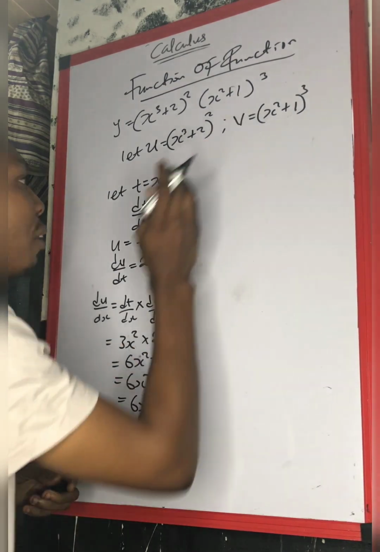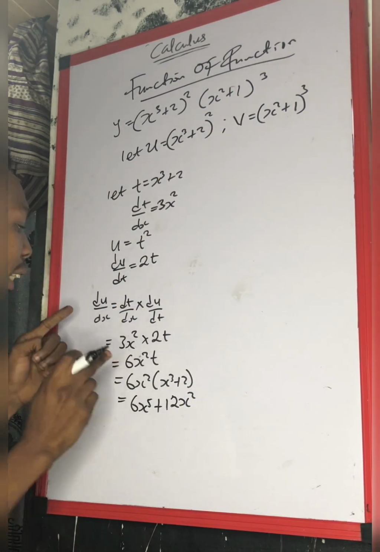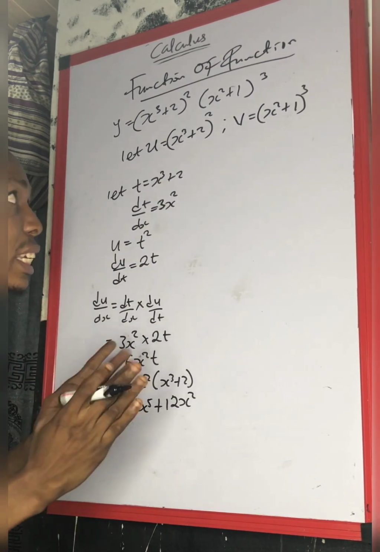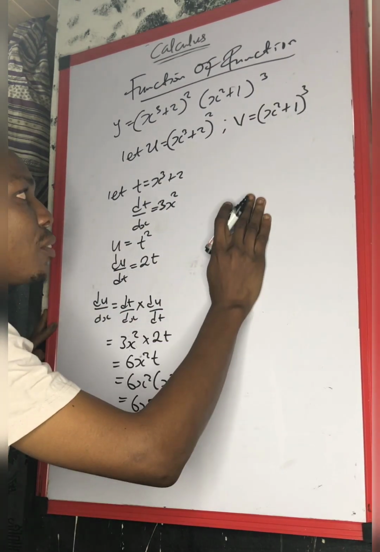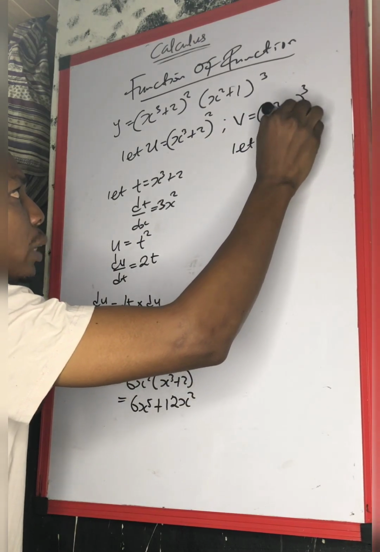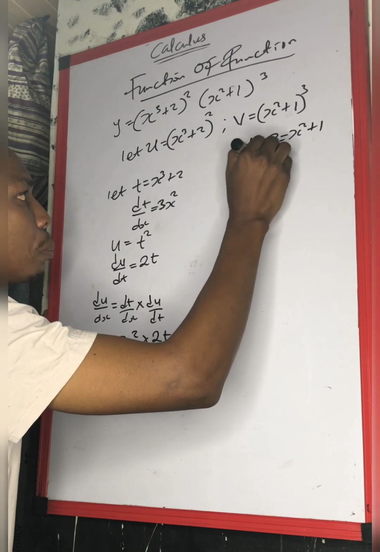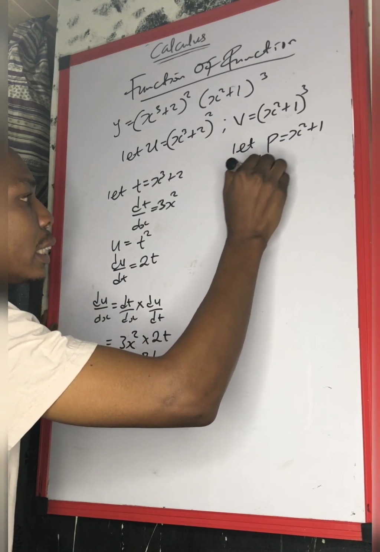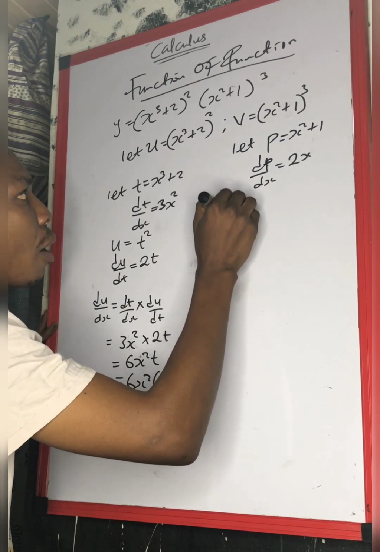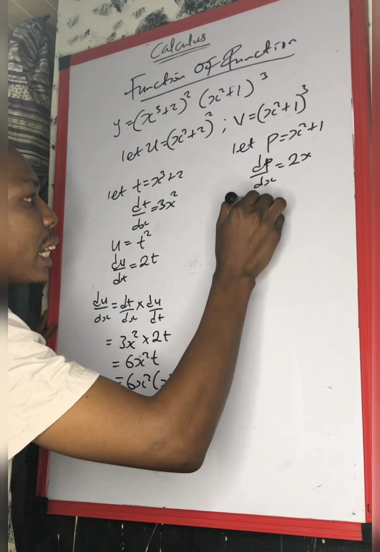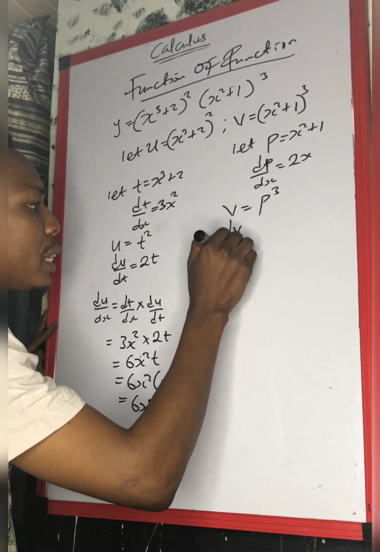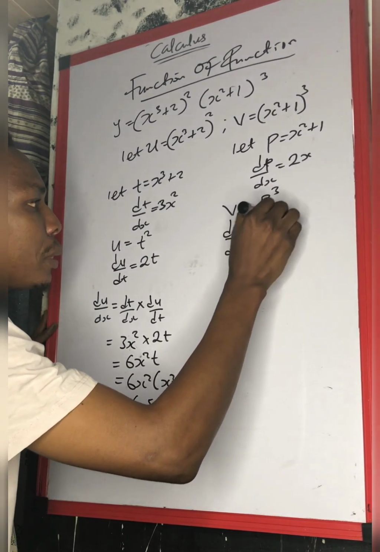Alright, then for this other one, we've only succeeded in getting du/ds. So we are also looking for dv/ds. But before that, also assign a variable to this. You can say let p equals s squared plus 1. So dp/ds will give us 2s. This time around, our v will be equal to everything here, which is p raised to power 3. So dv/dp will give us 3p squared.